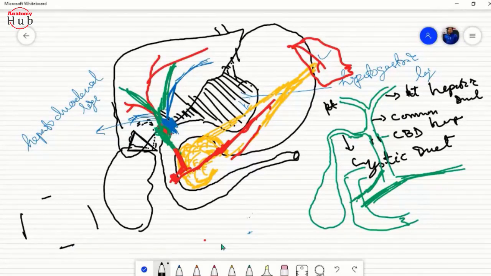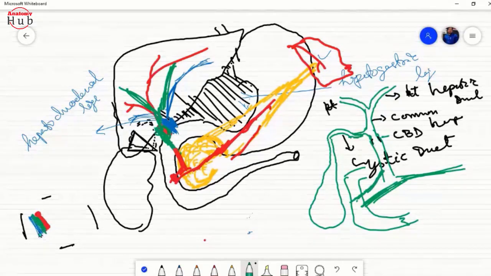So at the anterior side, what will we find? We'll find the portal vein over here. Then we'll find the hepatic artery over here, and we will find the duct. Which duct? The hepatic duct, in between, right?